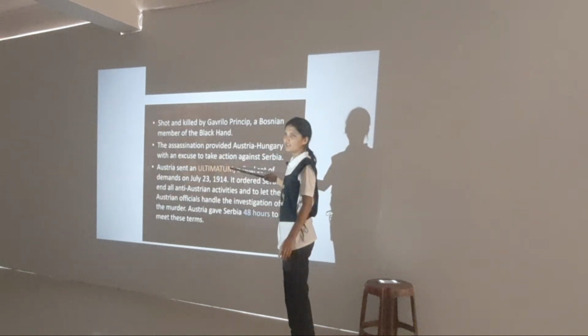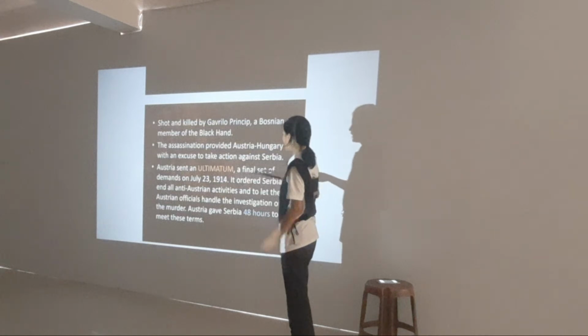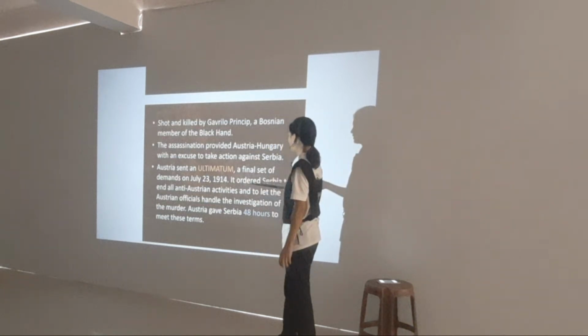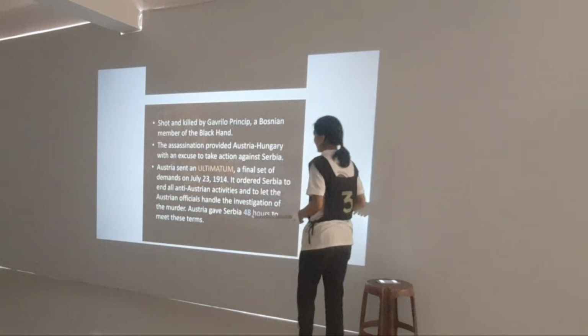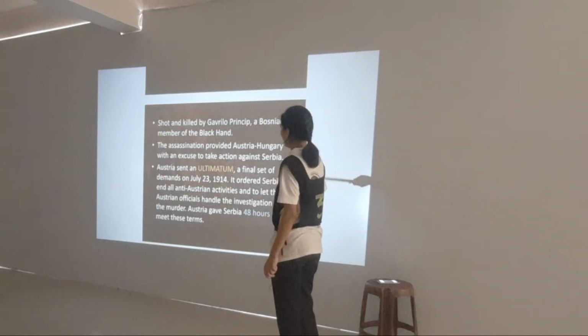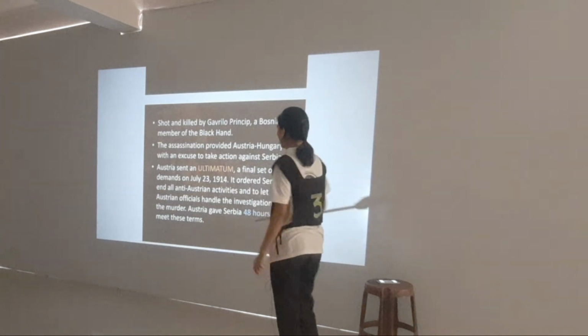An ultimatum is the final decision sent as a warning to a nation, a final set of demands, on July 23, 1914. It ordered Serbia to end all anti-Austrian activities and to let Austrian officials handle the investigation of the murder. Austria gave Serbia 48 hours to meet these demands.